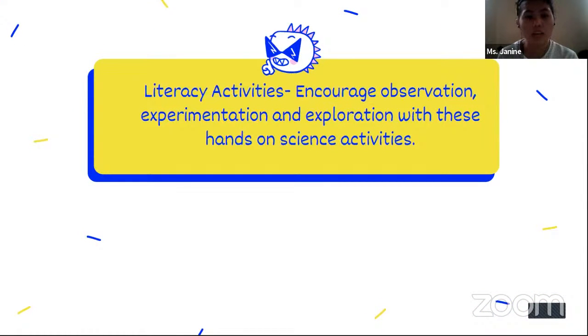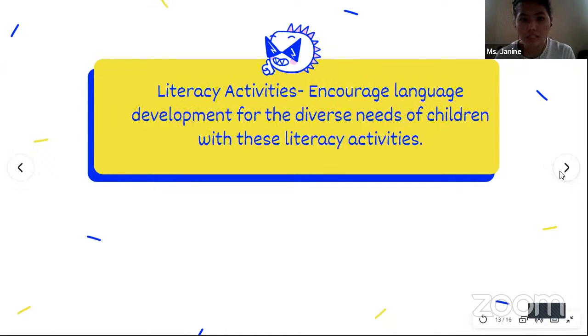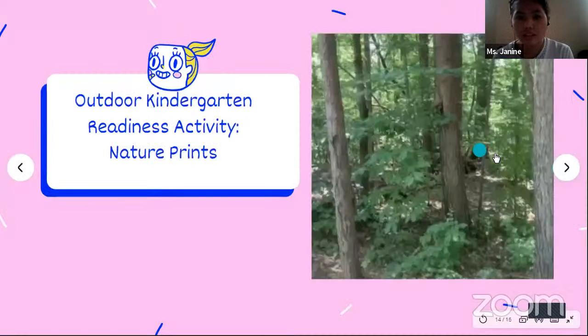Oh, this one. Actually, this is not literacy. It's supposed to be language activities. I'm sorry about that one. No, this is not right. It's repeating. I don't know why. It's supposed to be science activities. Why literacy again? What's going on here with the presentation in Canva? Okay, now let's proceed.